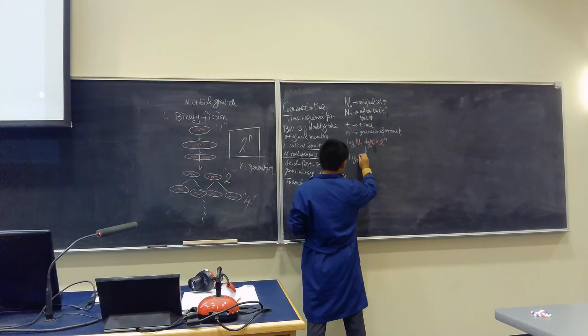This becomes log 10 2 added log 10 N0 and then minus log 10 N0, and then go here, it's going to become 0.3.